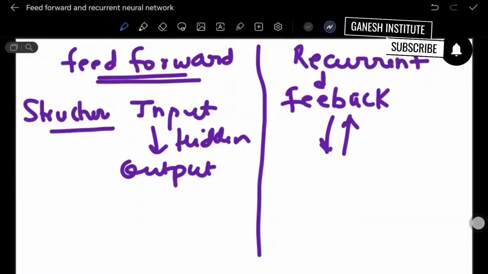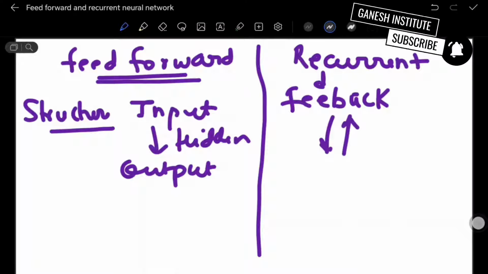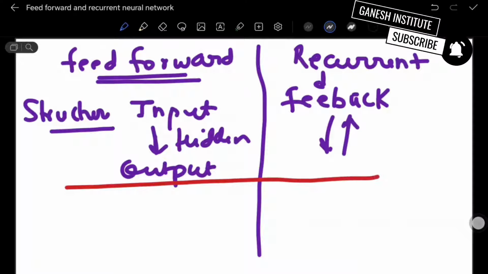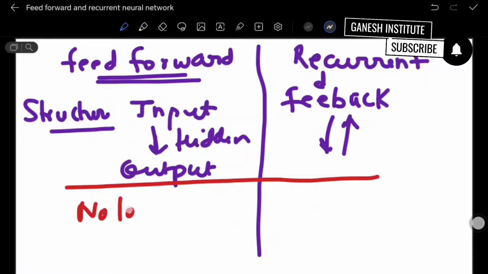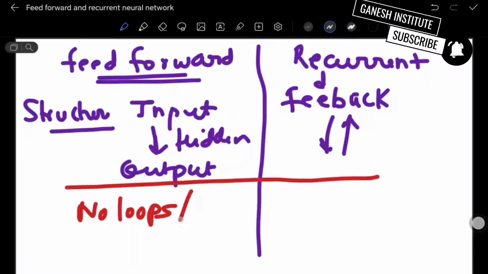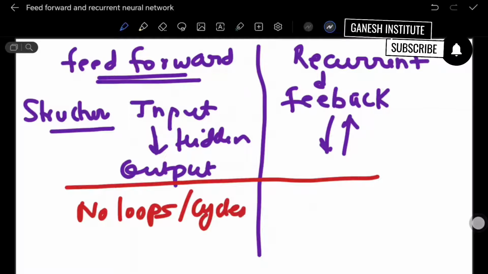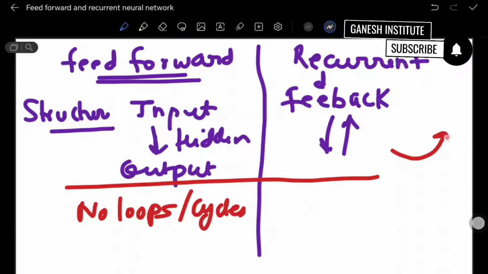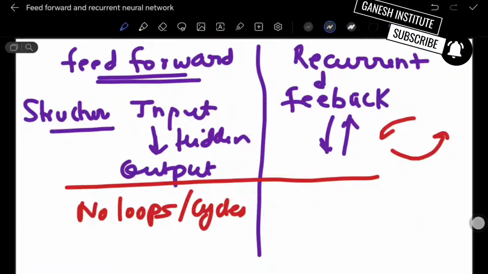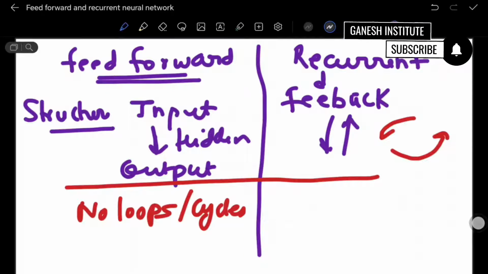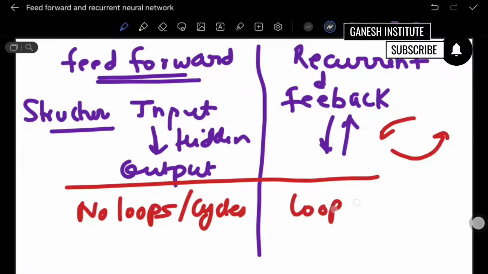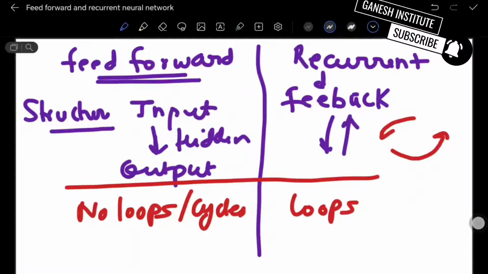Now, because it is unidirectional, the feed forward, there are no loops or cycles in the network, okay? Whereas you can see maybe this is going from here and again from here to there, from input to output and output to input. So this creates loops in the network, right?